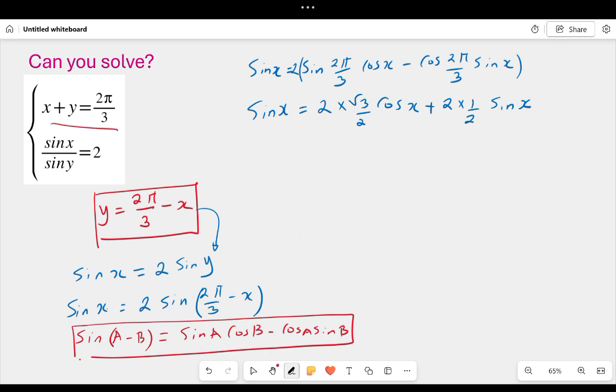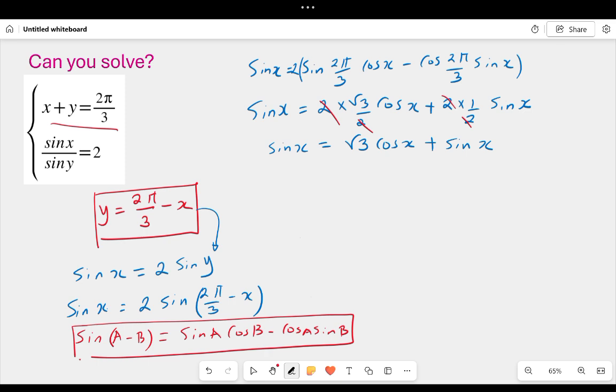Now, our next step, sine x will be equal to, so we are going to have this one cancelling because the denominators are the same throughout. So sine x in this case will simply be equal to the square root of 3 cosine x plus sine x. Good.